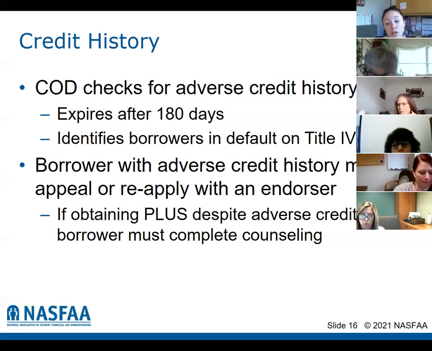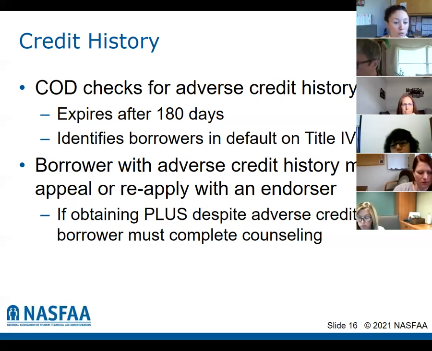And sometimes it's something really simple and something that they can resolve fairly quickly, like maybe it's an unpaid medical bill. I've seen that lots of times, where the student or the parent can actually go pay that medical bill, and then inform that it's been resolved, and then the credit can be approved.